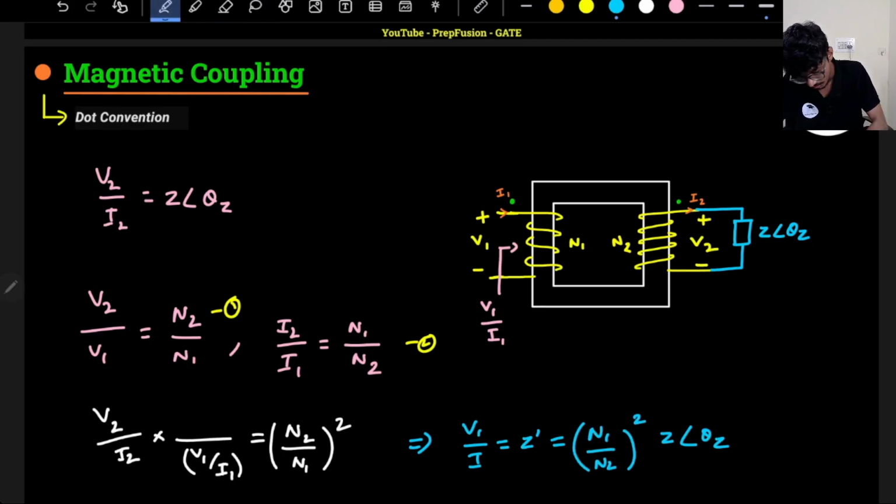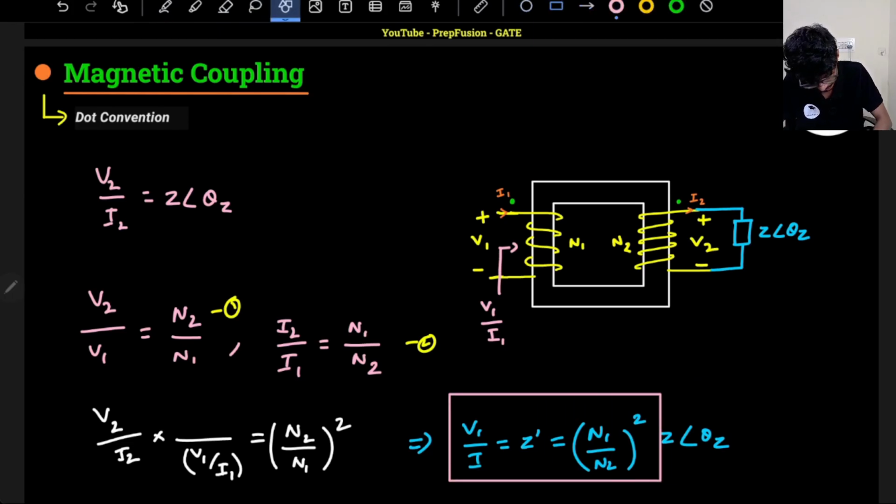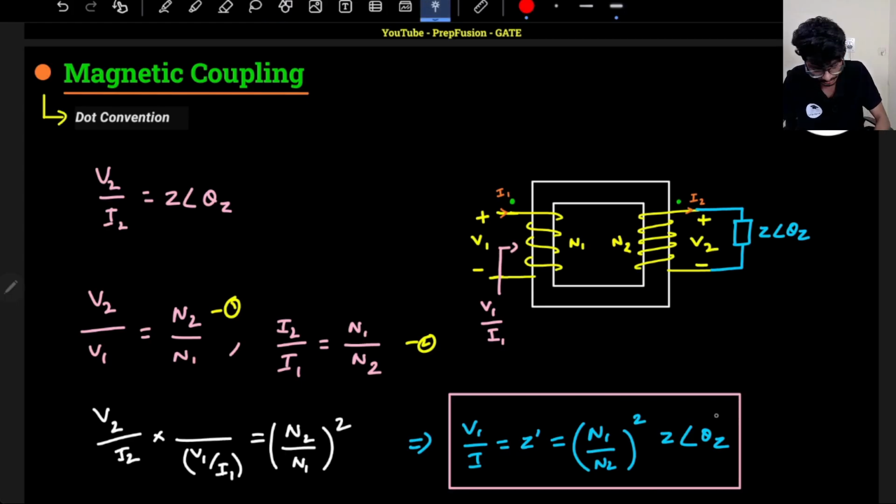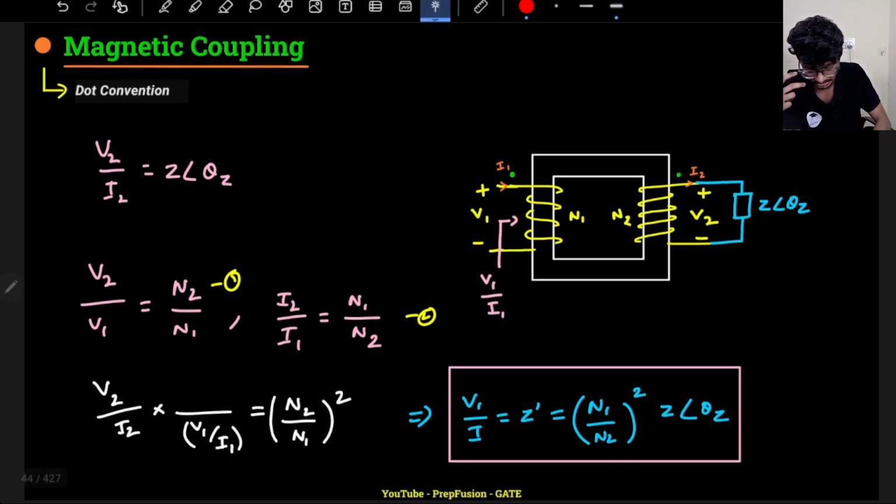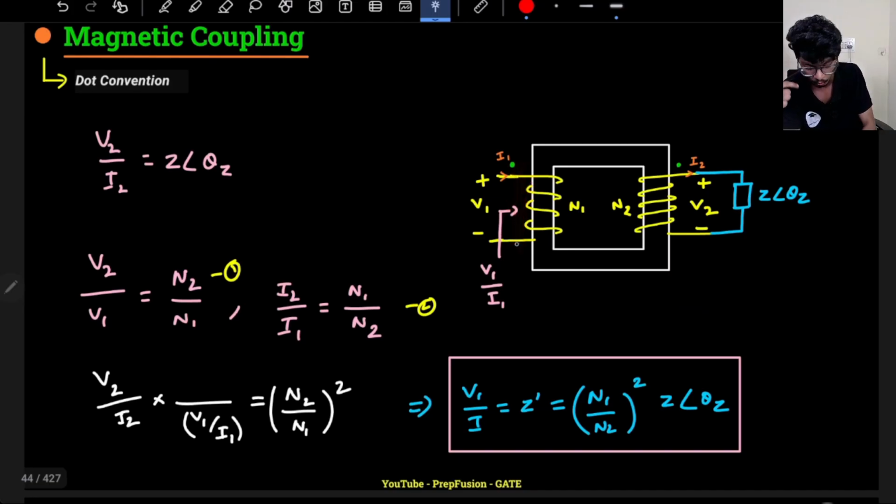Okay, so this is a very important relationship. If I have any impedance on the other side of a winding, and I want to measure that impedance here, what will be the impedance seen from the other winding? Basically you need to multiply by the turns of the winding to which you want to refer, divided by the number of turns in the winding in which the impedance is actually present, and square it.